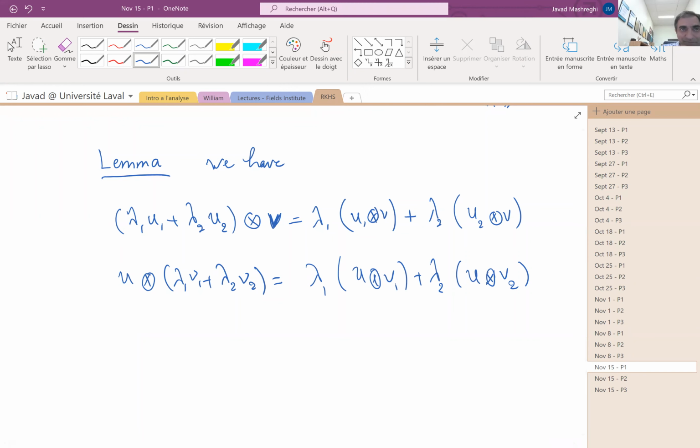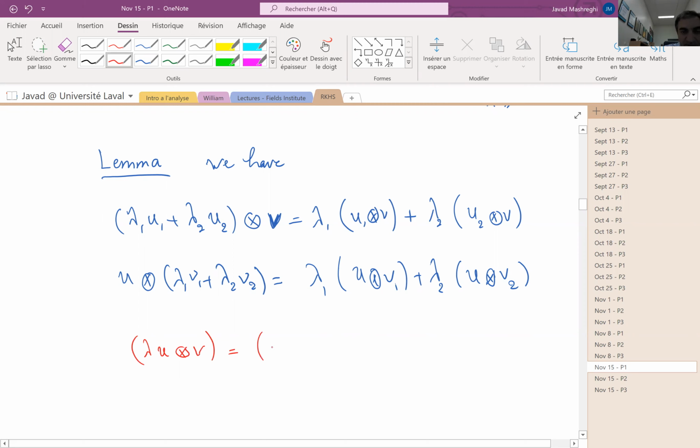In particular, I write in red, in either the first one or the second one, if you take lambda 2 to be equal to 0, we see in particular that lambda u tensor v is equal to u tensor lambda v, is equal to lambda times u tensor v.